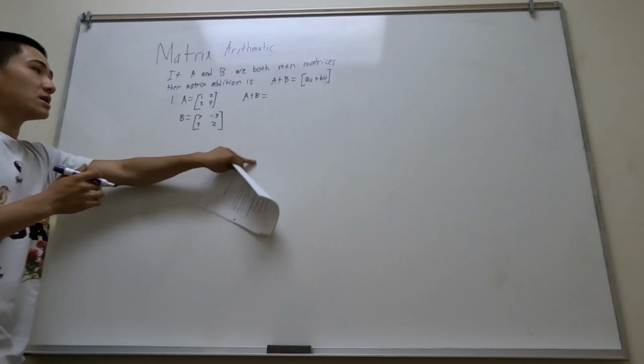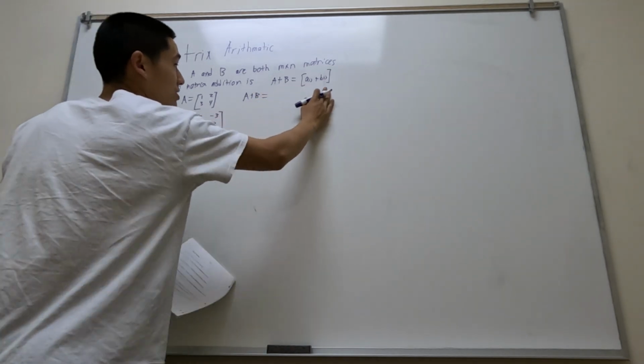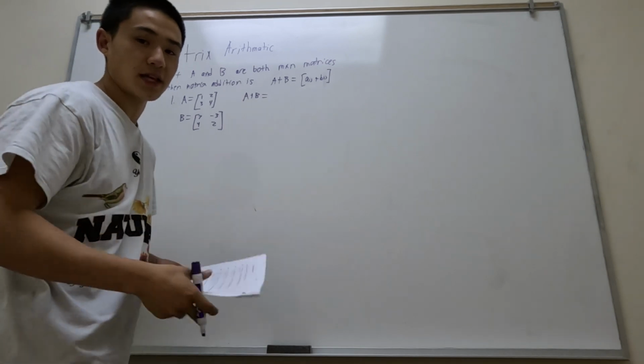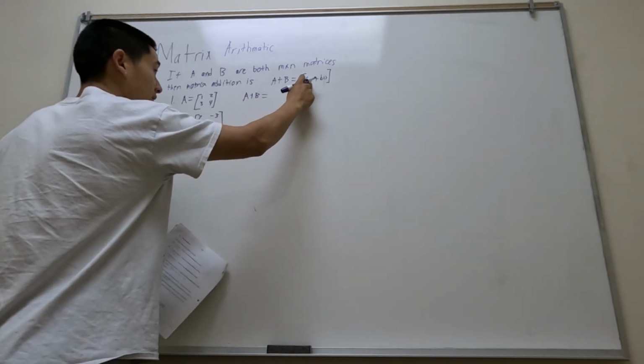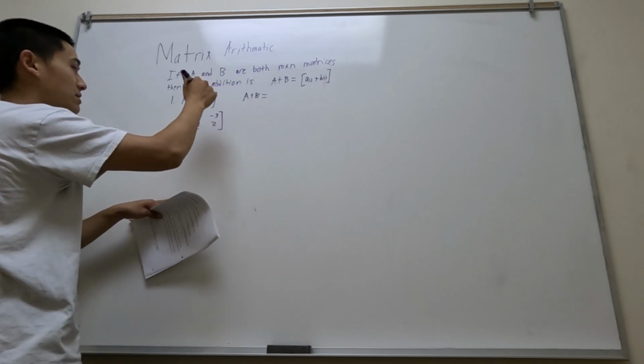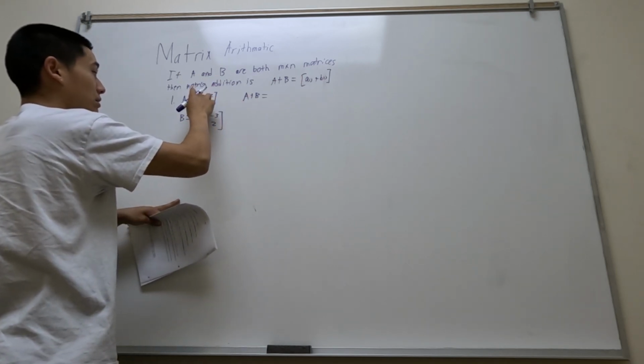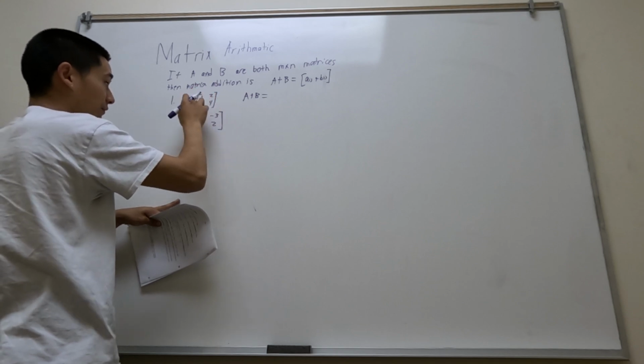Aij, I and J, are just variables. They could be anything. In this case, they could be either 1 or 2, because it can only be the first or second column, or the first or second row.